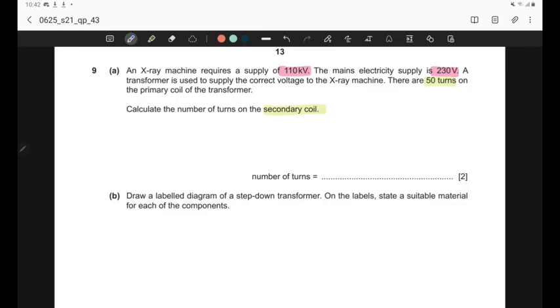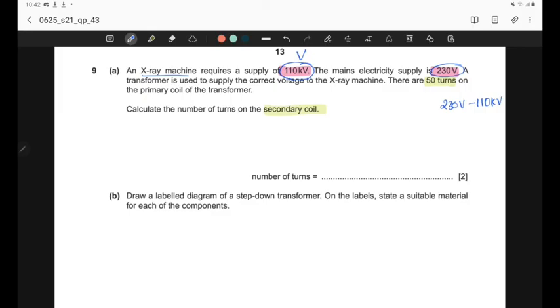In order to work an X-ray machine, we need to supply 110 kilovolt, but the electricity supply only provides 230 volt. So we need to use a transformer to step up the voltage from 230 volt to 110 kilovolt.